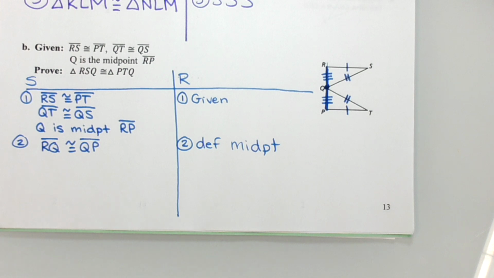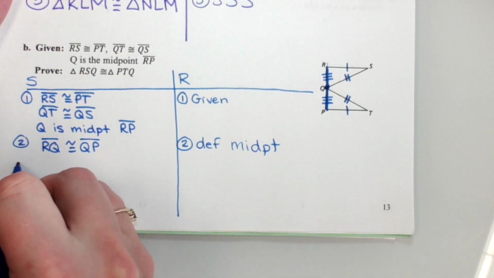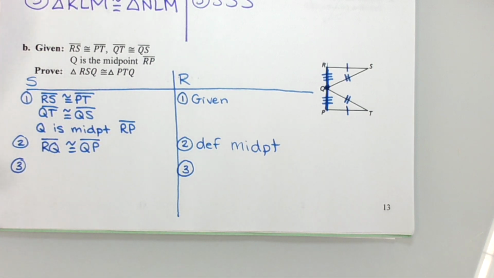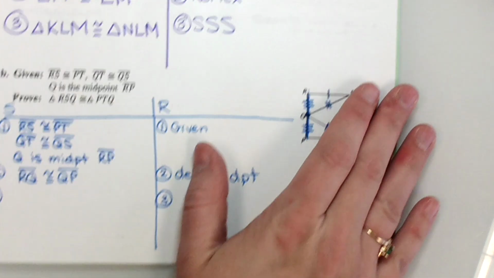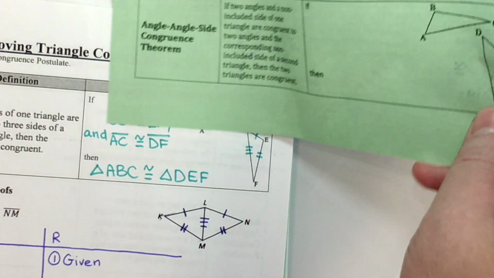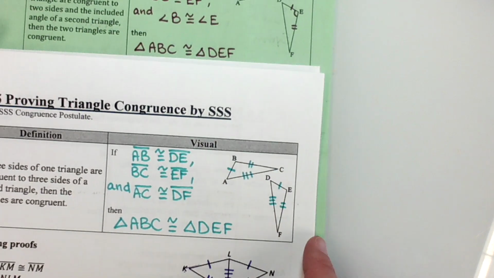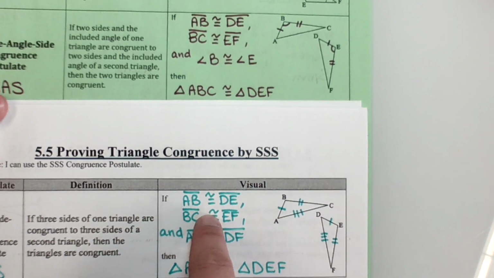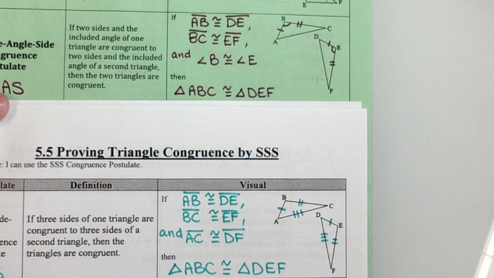Ava, do you notice anything about what's in our proof right now? There's three congruent symbols. When I see three congruent symbols, I start checking side, side, side, or side, angle, side, because those are the two that I have right now. And it wouldn't be a bad idea to move side, side, side to your postulate sheet so you have them in one place here soon.